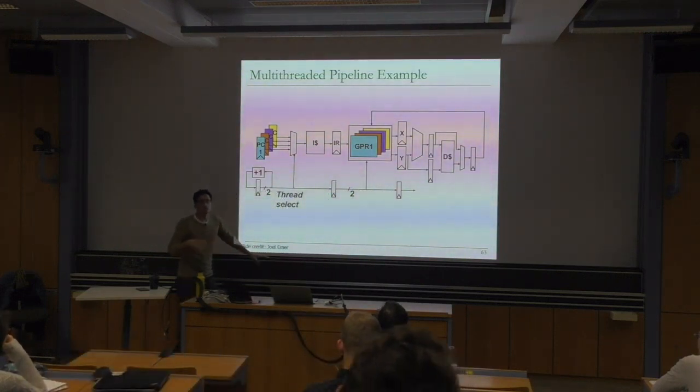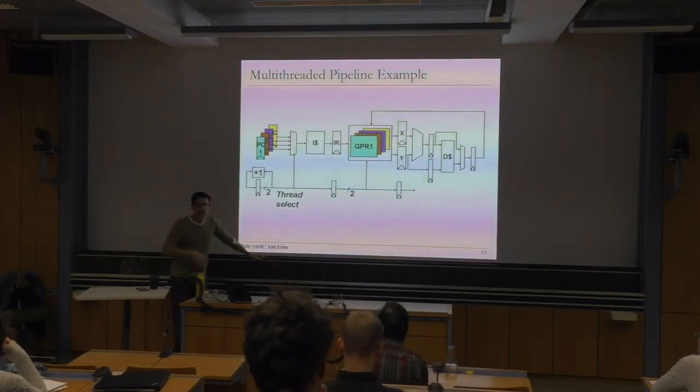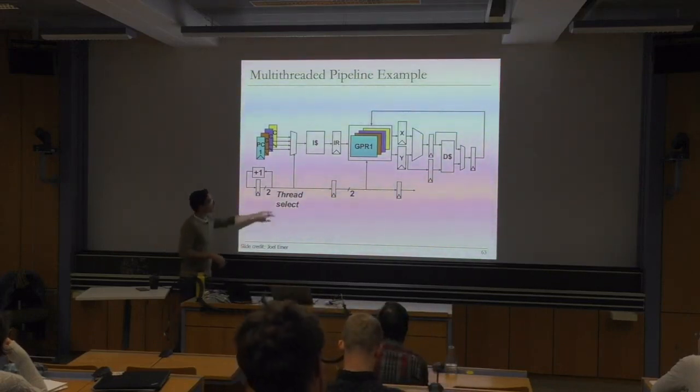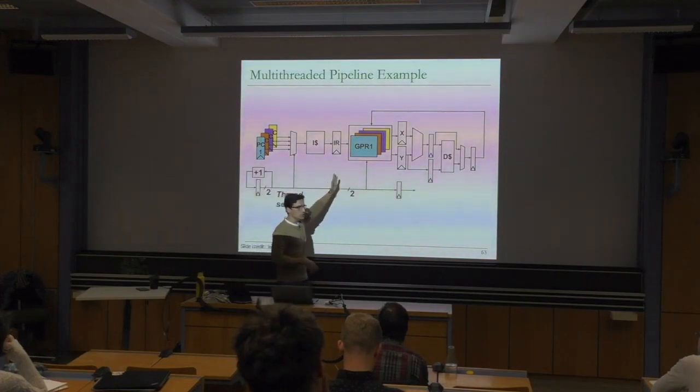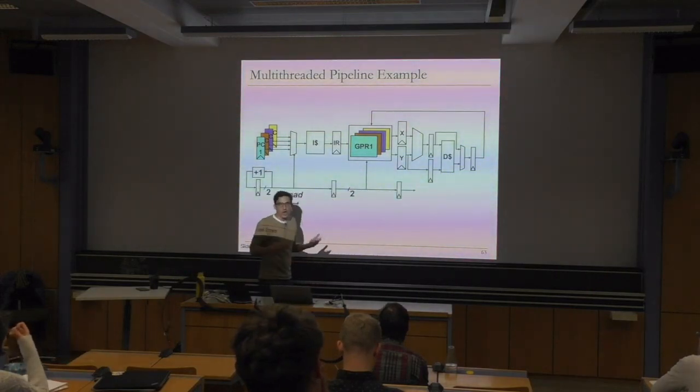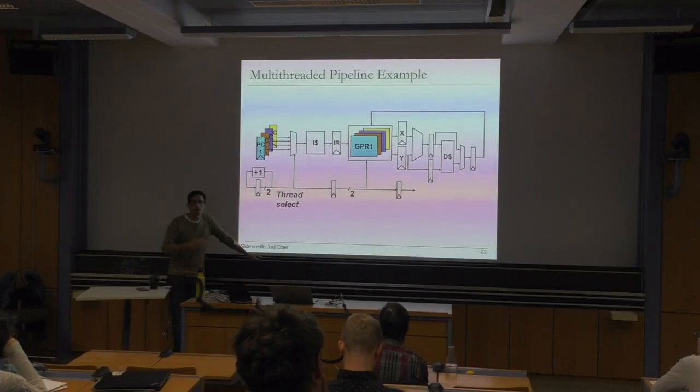So if you think about a very simple in-order CPU, what we are going to have in each of these pipeline stages are different instructions that, at every cycle, are in a different phase of their execution.